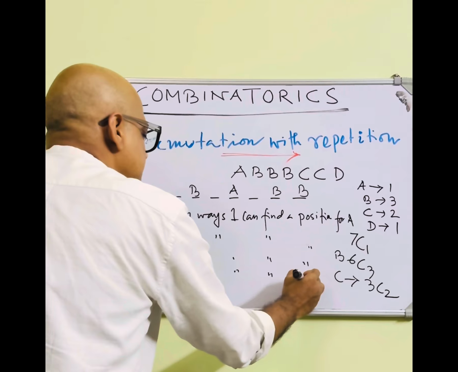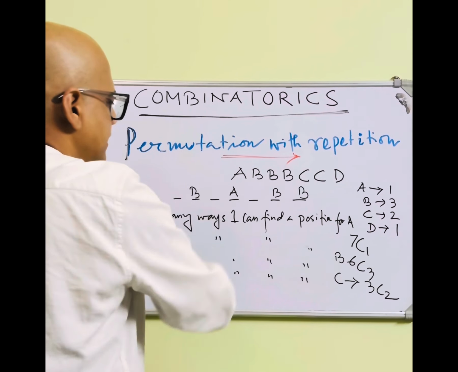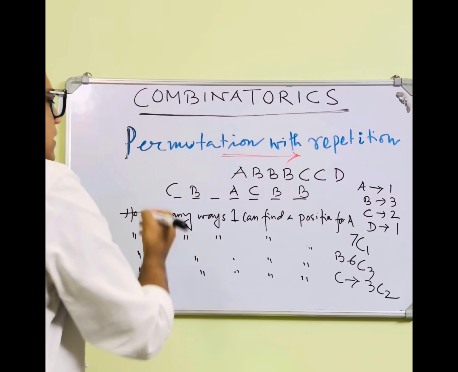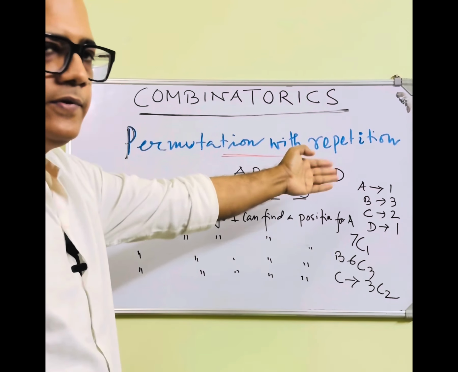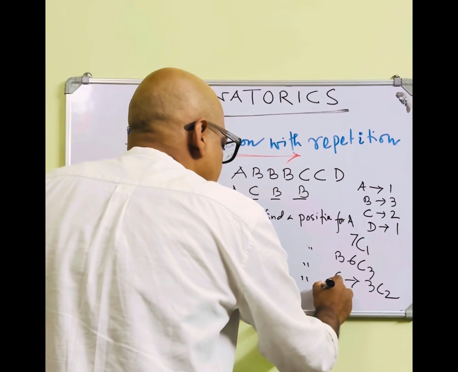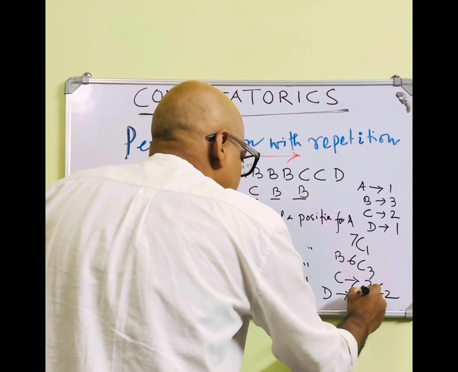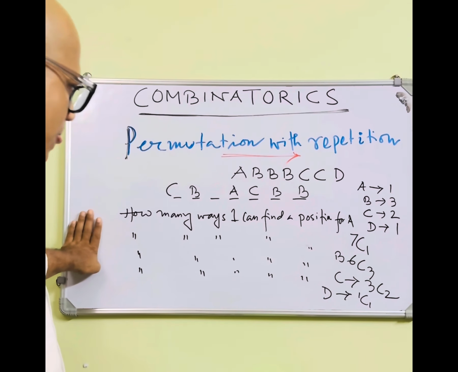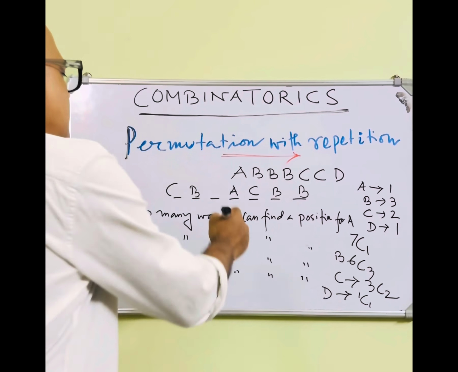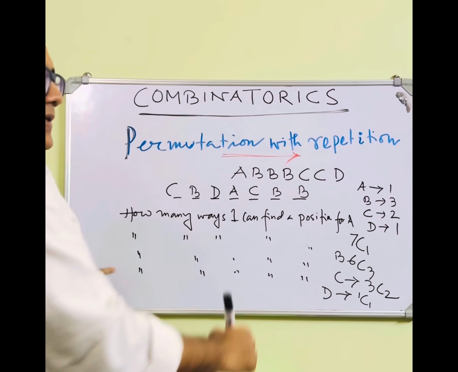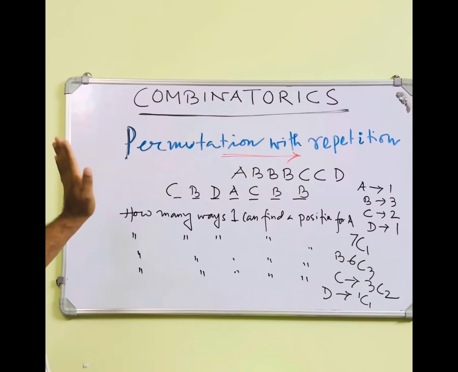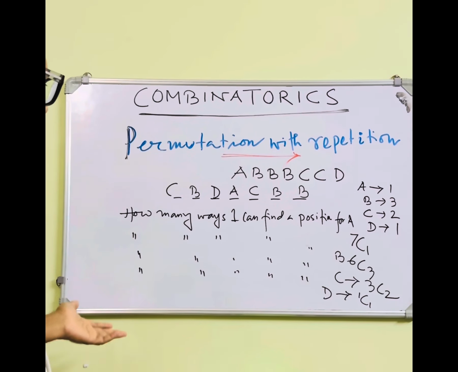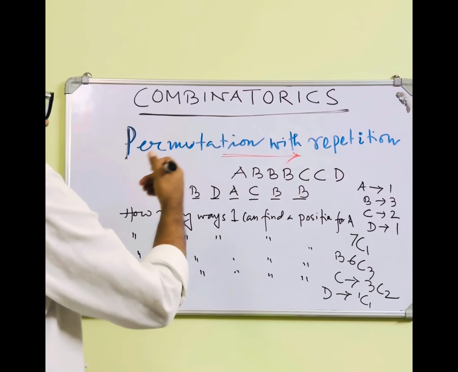Lastly, I need to find a position for D. Let's say C appears here, C here. So I do have one position left for D. So definitely it's 1C1. Now let's say I'm placing D here. So how many different 7-letter words can I form? That's simply going to be multiplying them.